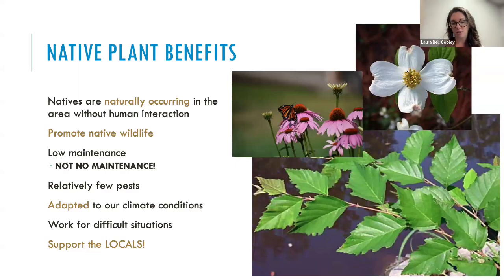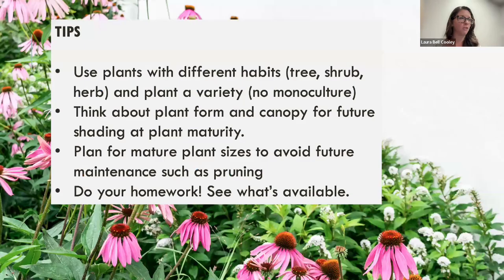So those plants can be a little more tolerant of that and require a little bit less maintenance, but they don't require no maintenance. They're also usually better adapted to pests. So incorporating native plants can be really helpful. They also have really deep roots that can help take up some of that water in your yard.